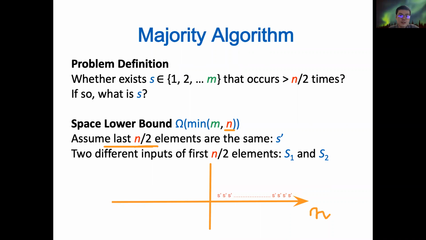And now let's consider 2 other streams. So this is one stream, and this is another stream. Now let's think about it. So we assume these 2 streams are different.